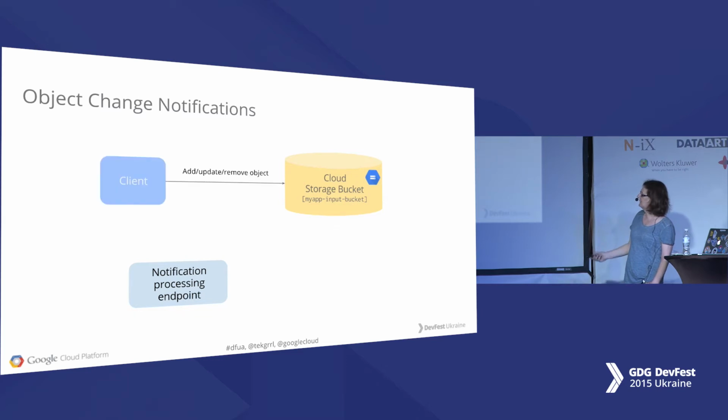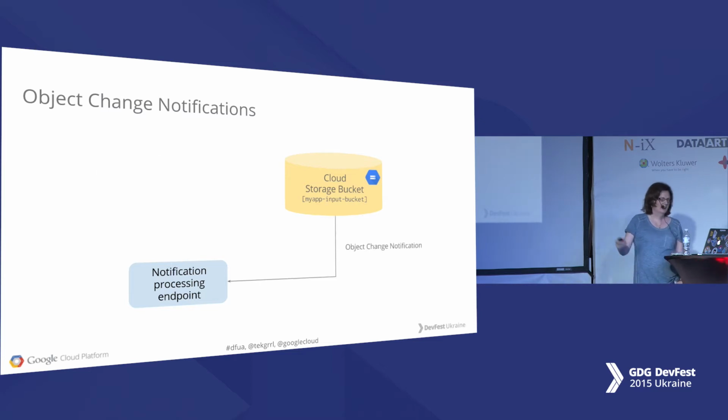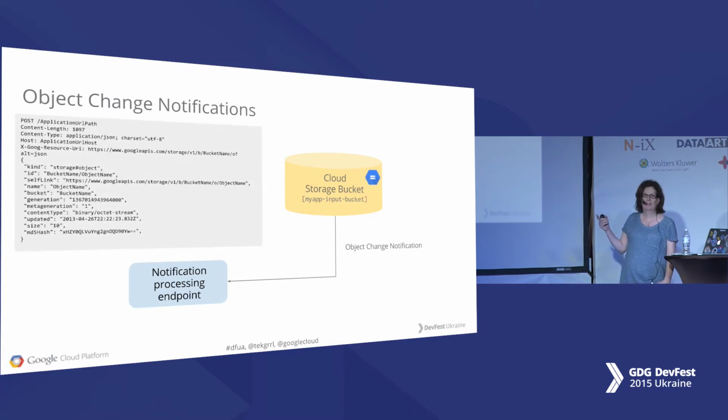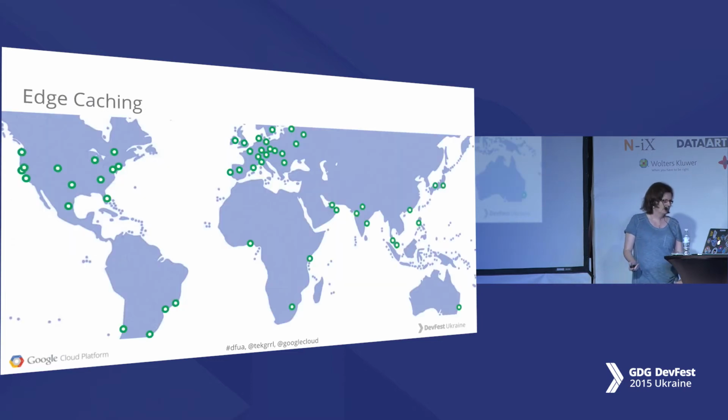We can wire them up together, and then whenever a client adds, removes, or updates an object within that bucket, a notification request will be fired off to the endpoint. And that will include lots of metadata about the image that's changed or been removed, including the URL of the object. So this is an example of a change notification. You'll be able to see this in the slides when I share them later.